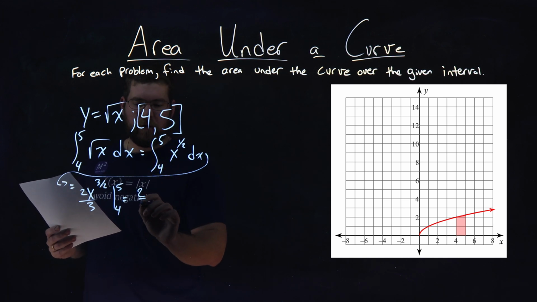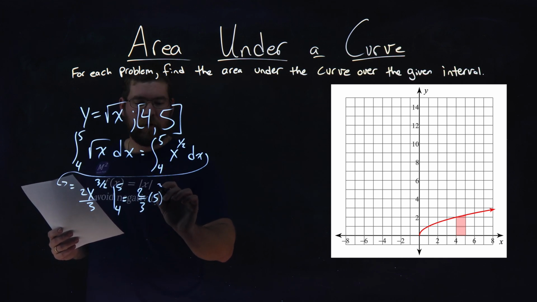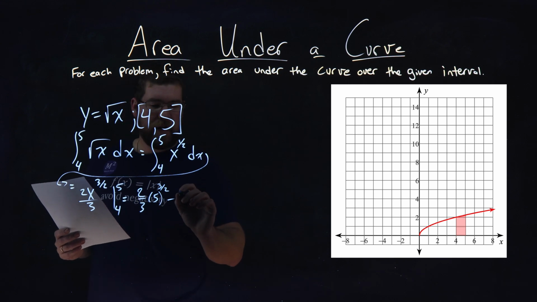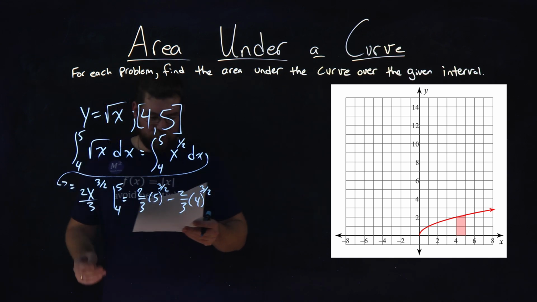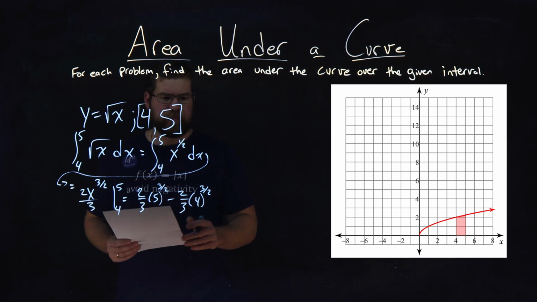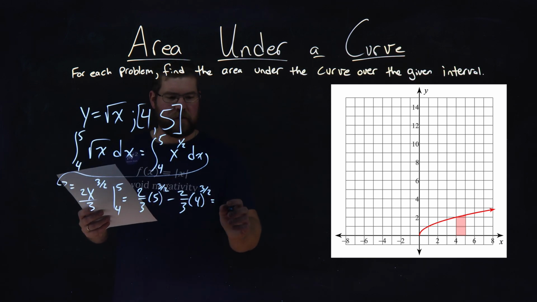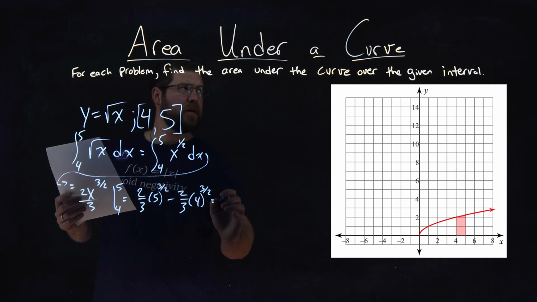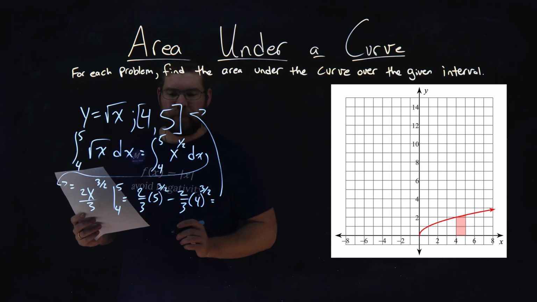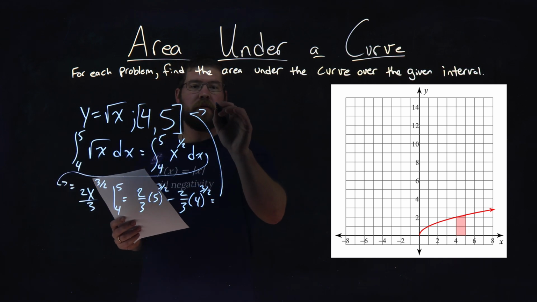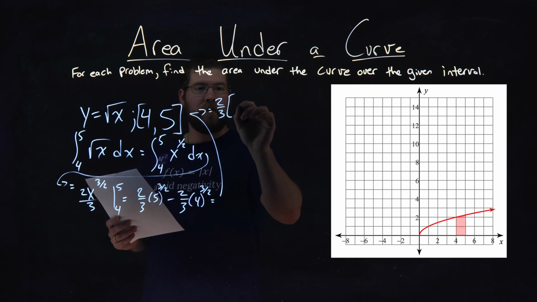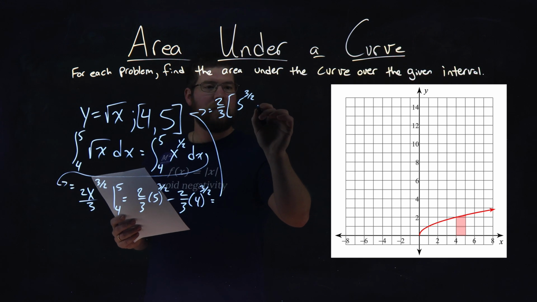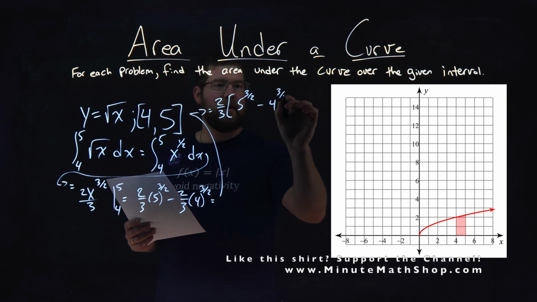So we have 2/3 times 5 to the 3/2 power, minus 2/3 times 4 to the 3/2 power. And at this point, we're just dealing with algebra. The way I'd like to solve this is to pull out the 2/3, so that's just my preference. And then we have multiplied by 5 to the 3/2 power minus 4 to the 3/2 power.